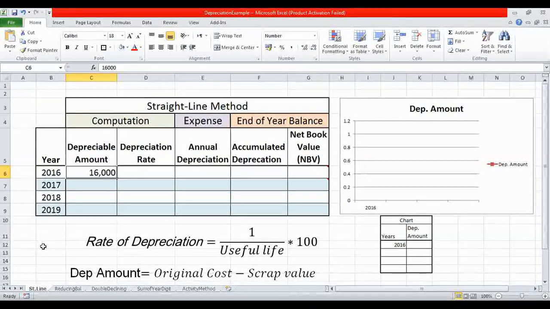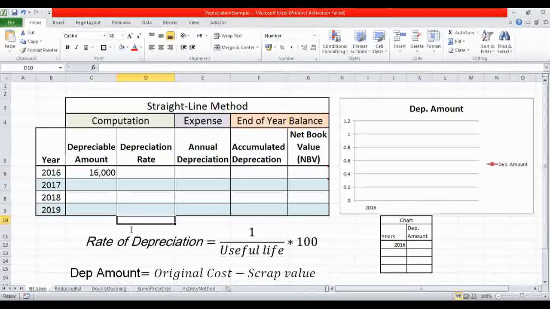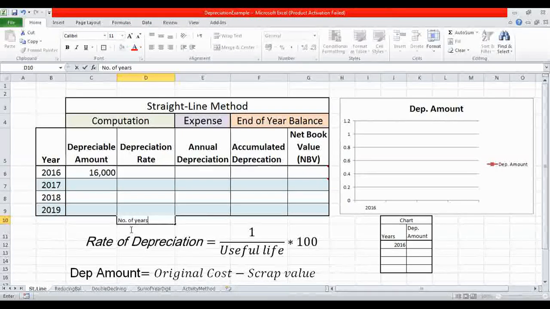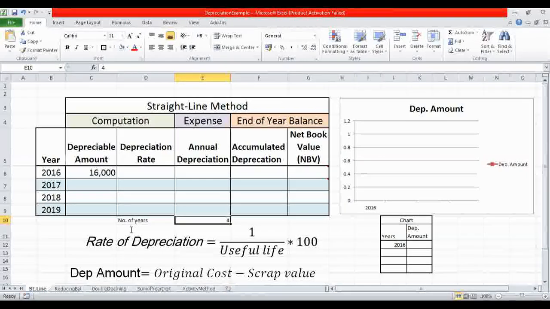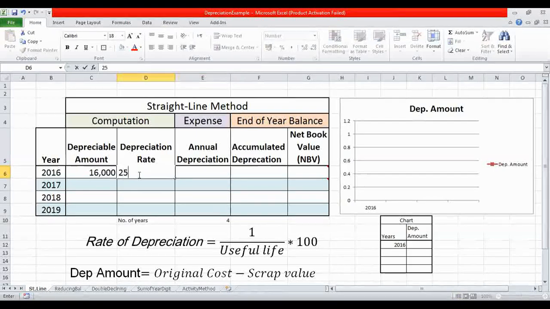Please keep the example in front of you so that you can put in the values quickly. For this example, our number of years is equal to 4. So 1 over 4 times 100, our rate comes out to be 25%.